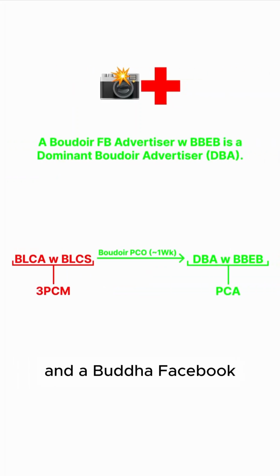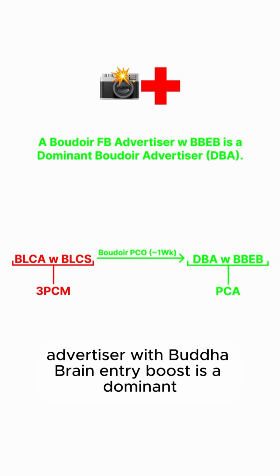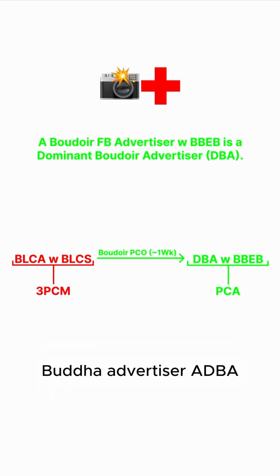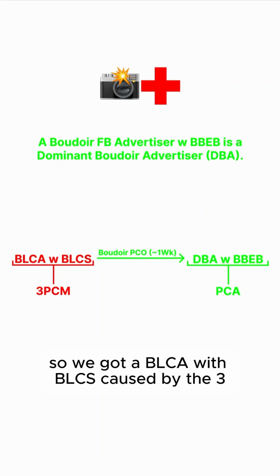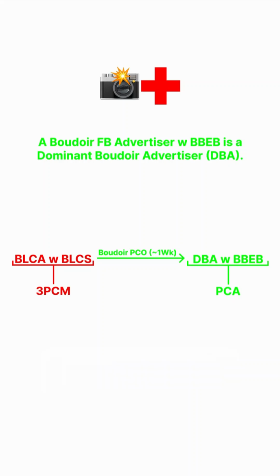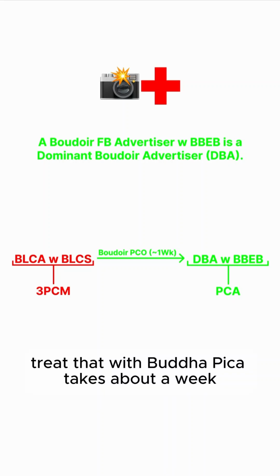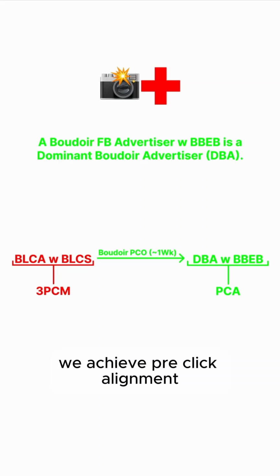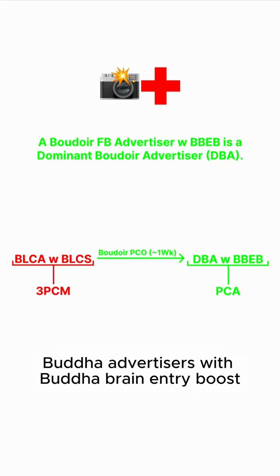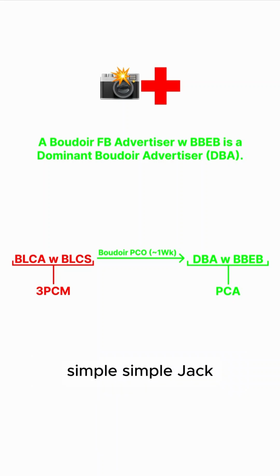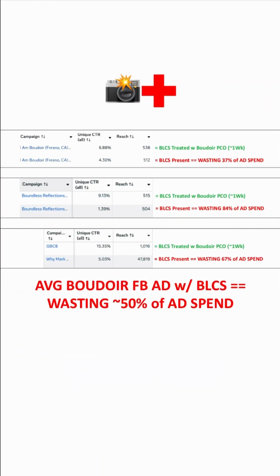And a Boudoir Facebook advertiser with Boudoir brain entry boost is a dominant Boudoir advertiser, ADBA. So we got a BLCA with BLCS caused by the 3 pre-click mistakes. Treat that with Boudoir Pico, it takes about a week. We achieve pre-click alignment. We become dominant Boudoir advertisers with Boudoir brain entry boost. Simple, Jack.